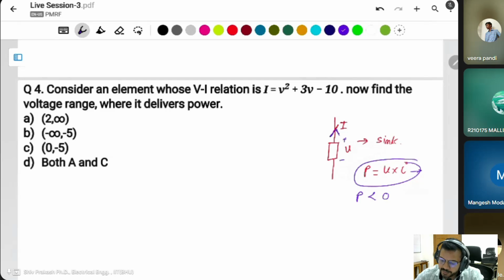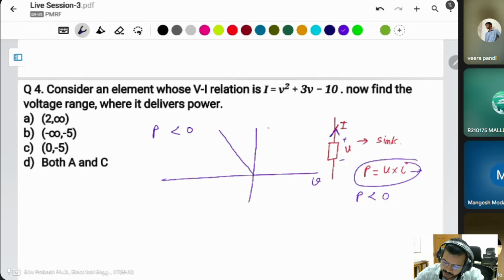For any element, if there is power delivery, then P should be less than 0. It means in this criteria, if there is a V, I in this region where I have voltage positive, current positive, this means this is a sink.